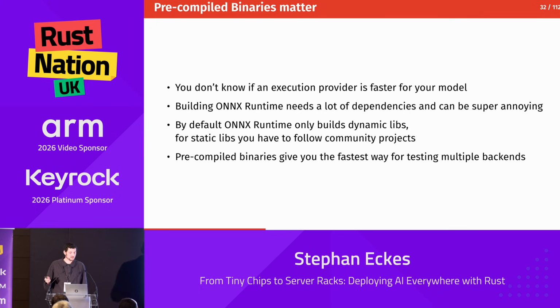And I think the precompiled binaries matter, or at least it mattered for me a lot, because I don't know if the execution provider is faster for my model. Sometimes it's not. And if I can just do cargo add and change the feature flag, then I can immediately test: does it run faster? Is it something useful? Because building ONNX Runtime yourself needs a lot of dependencies, and it can be super annoying, especially if you need those frameworks from the hardware vendors.